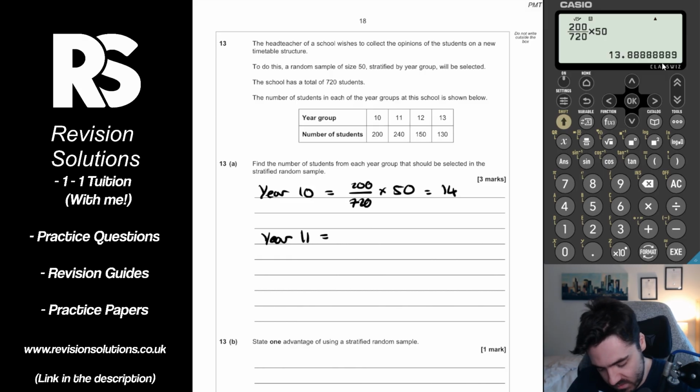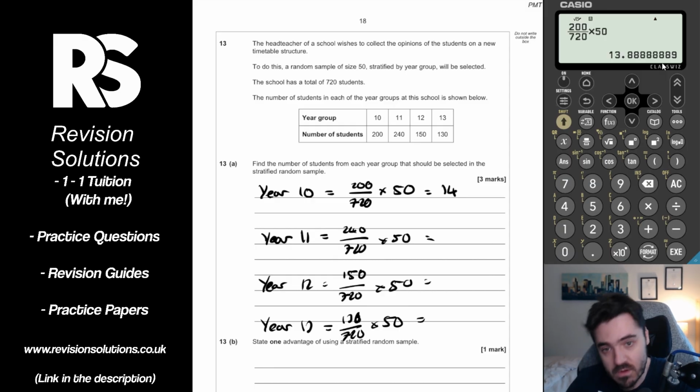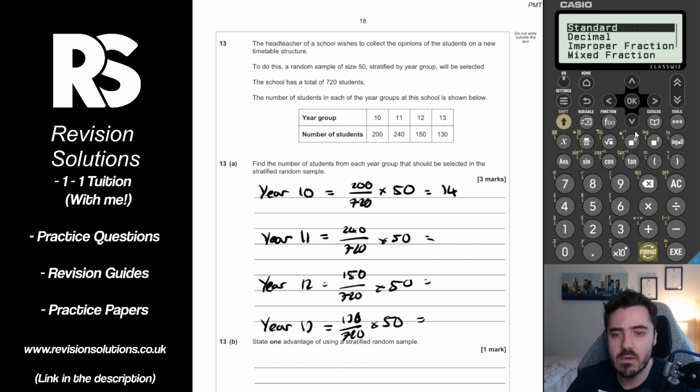So for year 11, it's going to be 240 over 720 times 50. For year 12, it's going to be 150 over 720 times 50, and year 13 is going to be 130 over 720 times 50. So if we just alter our calculation for each of those, the next one's 240. So nearest integer is going to be 17.